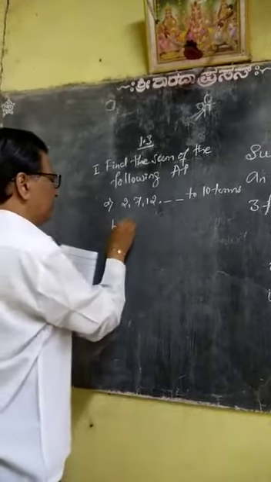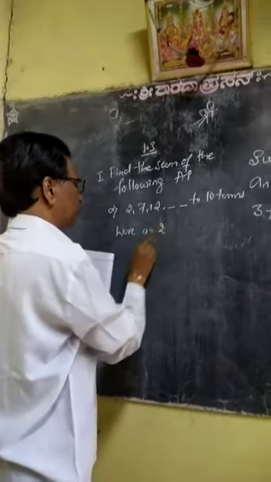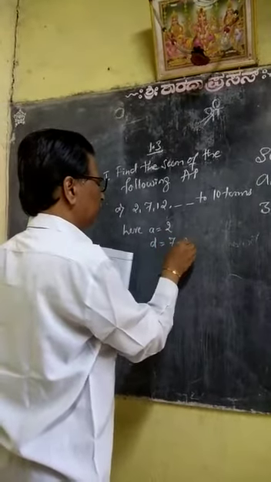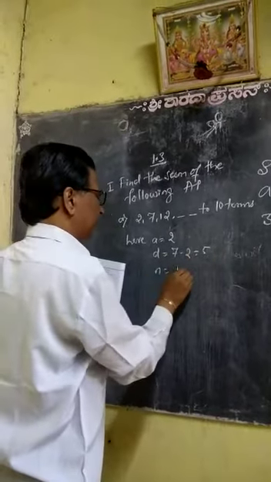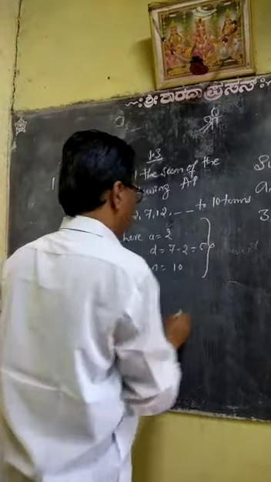Here A is equal to 2, d is equal to 7 minus 2 is equal to 5, and n is equal to 10 terms. So these three available values are to be entered in the formula.